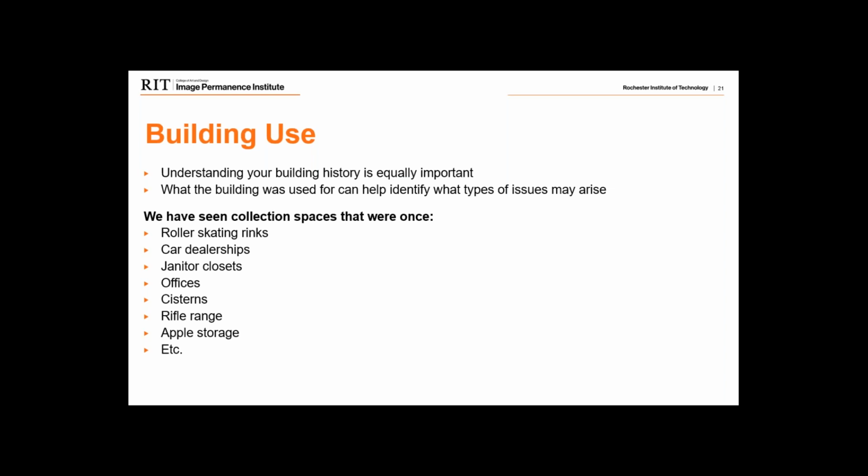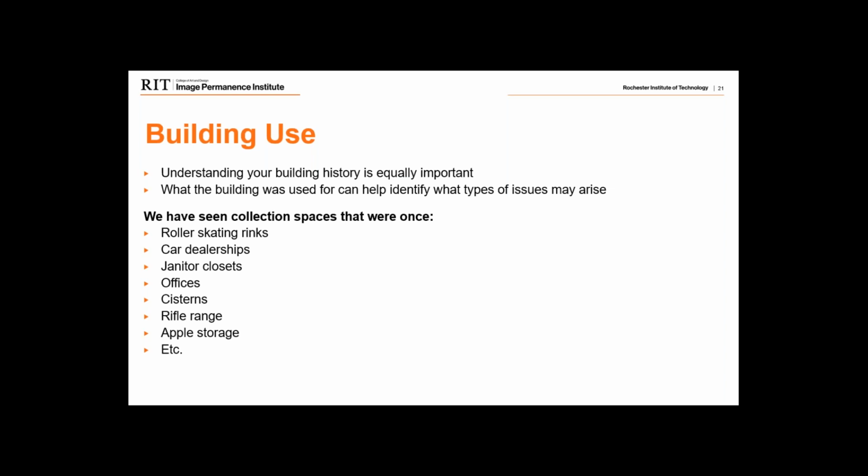So you'll wind up with a car dealership, which was meant for human comfort, that is now storing collections, but they never changed the envelope or the facility or its ability to handle the collections. So what was only ever meant for human comfort can still only really sufficiently supply human comfort without taxing the equipment, or the equipment can't achieve it anyway, or if the equipment can achieve it, maybe the envelope can't hold that condition.